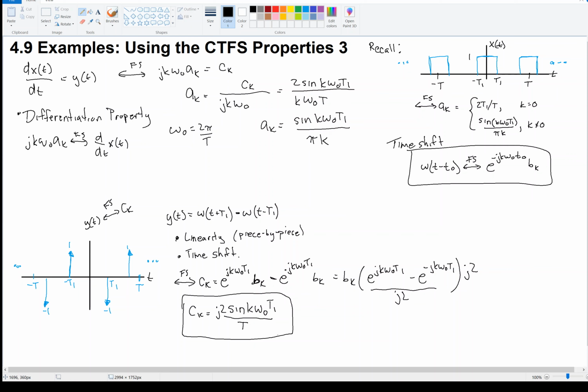Since we divided by k here, this does not hold for k equals 0, but for k not equal to 0, this should hold.